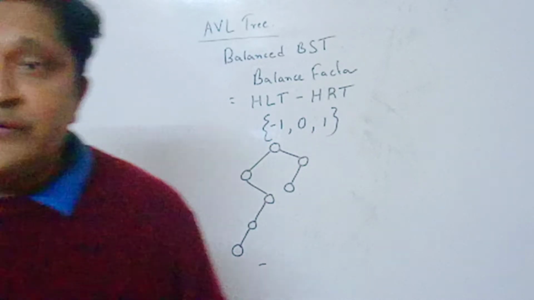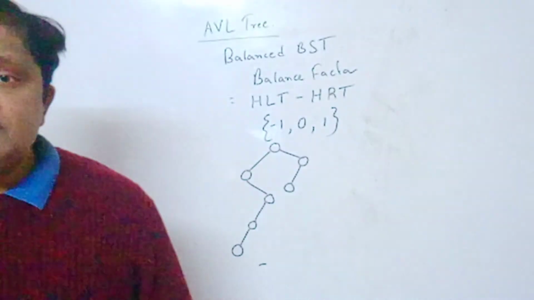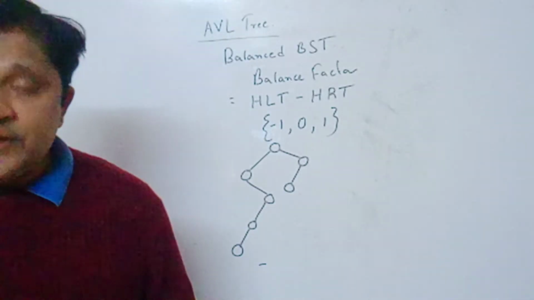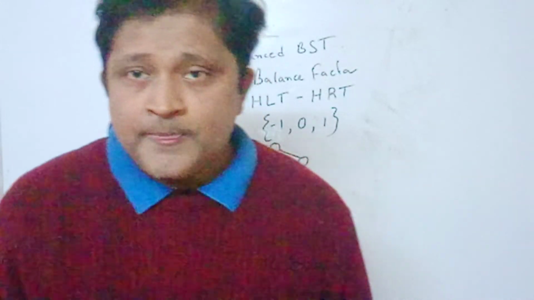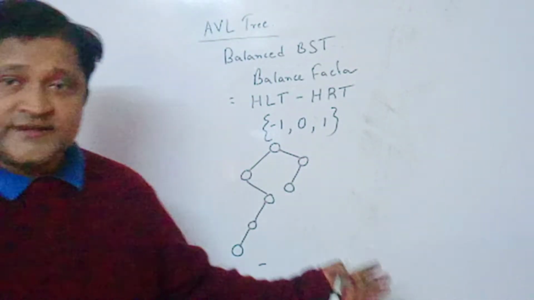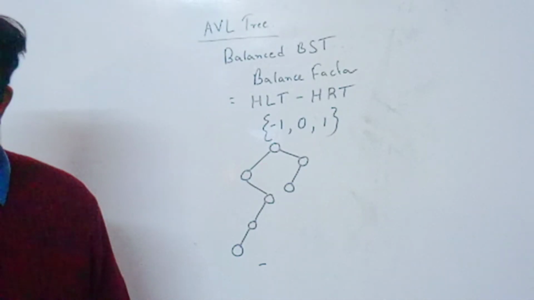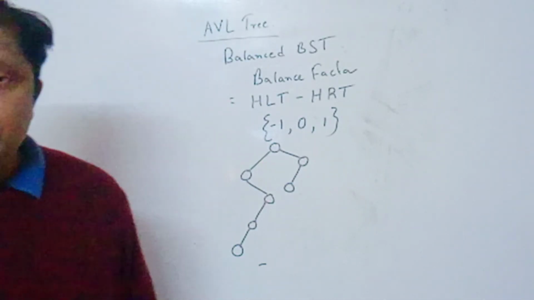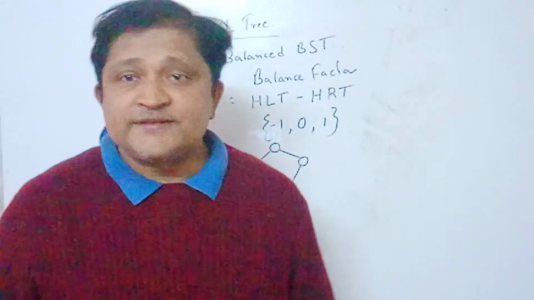The problem will happen in case of searching. When we want to search for an element, it will be very tough and there will be difficulty in searching. To make the searching process smoother, and to resolve the problem, we have to balance the imbalance factor.